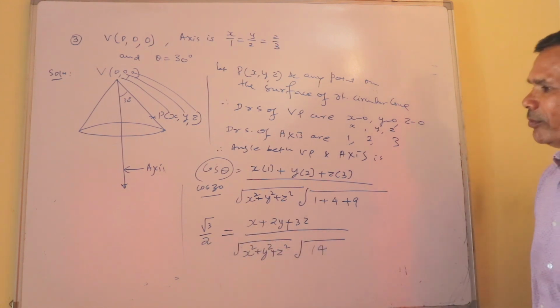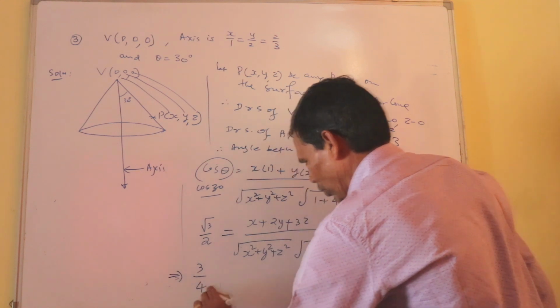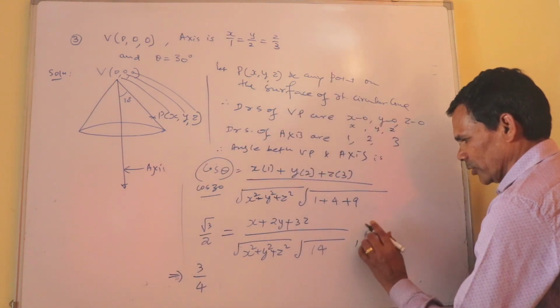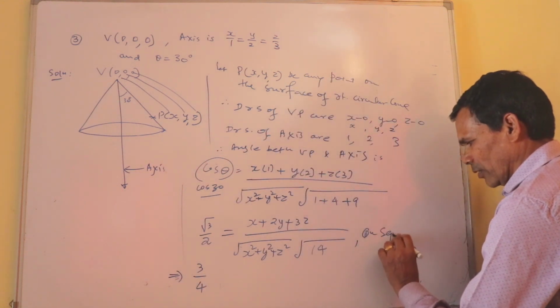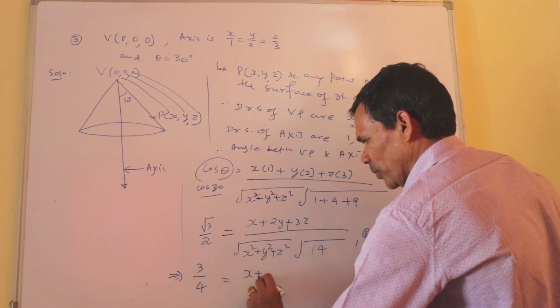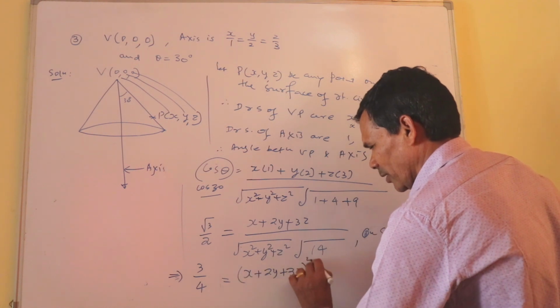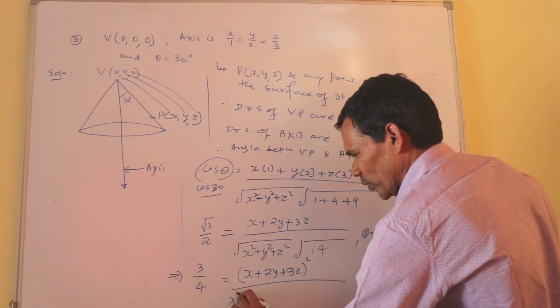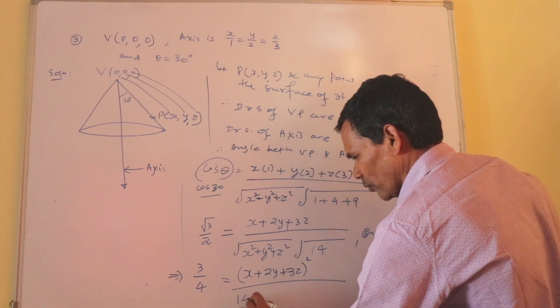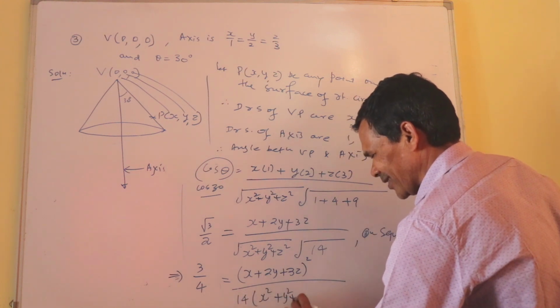Now squaring both sides, it is 3 by 4 equal to (x plus 2y plus 3z) bracket square divided by 14 times (x square plus y square plus z square).